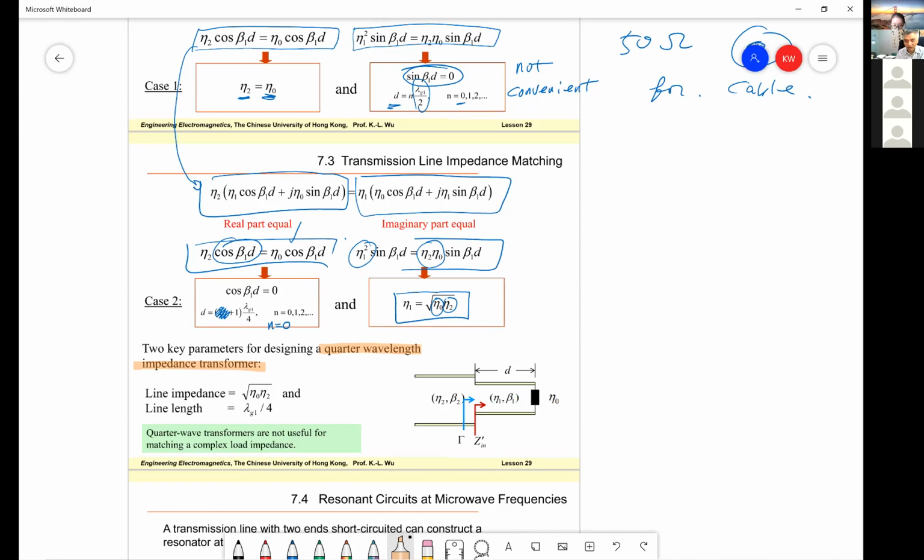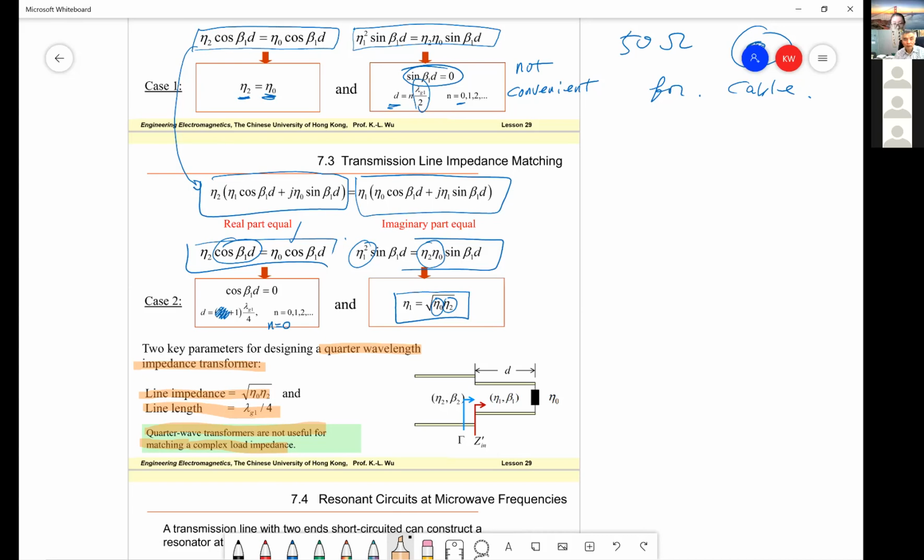What you need to do is insert a line with this impedance, and its length is a quarter wavelength, provided your load must be real. Because for a complex impedance load, at least here, the quarter wavelength transformer doesn't help.